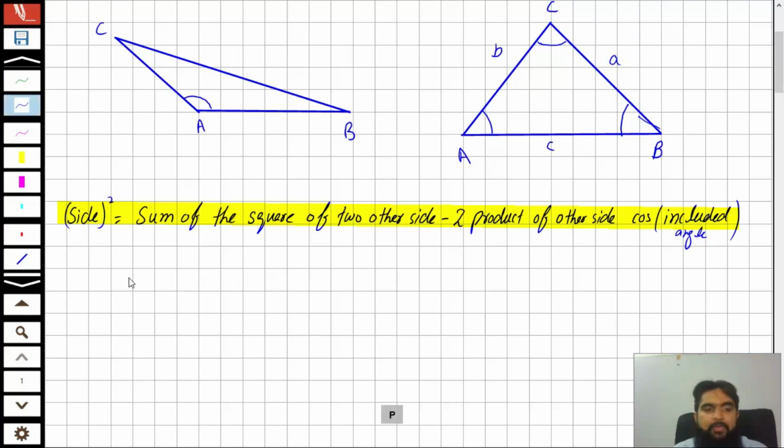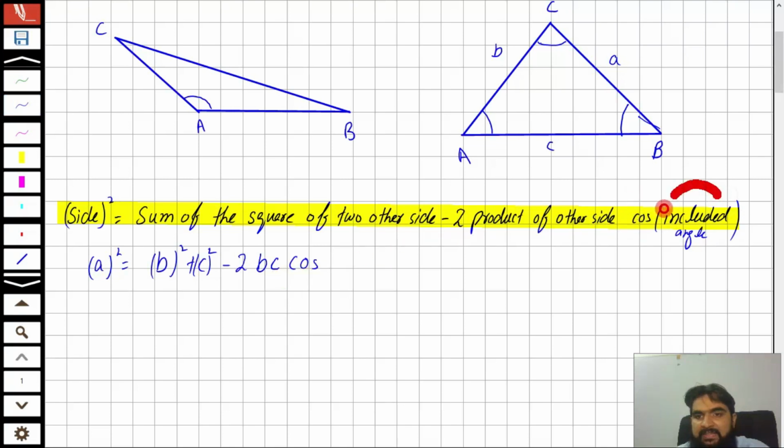For example, if I am taking the side A, A square will be equal to B square plus C square minus 2 into B multiplied by C into cos of their included angle. The angle between B and C is angle A.